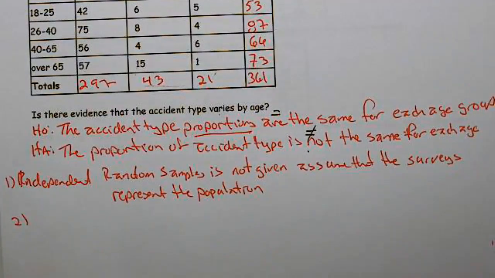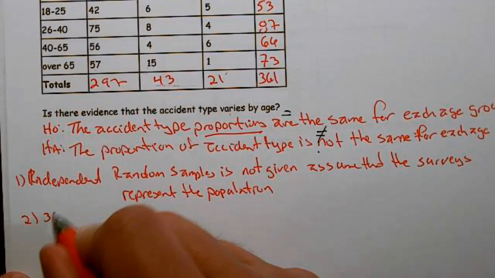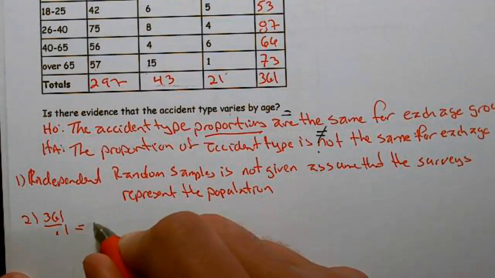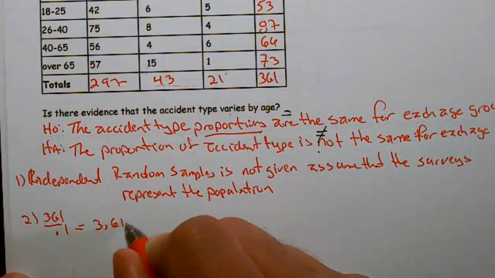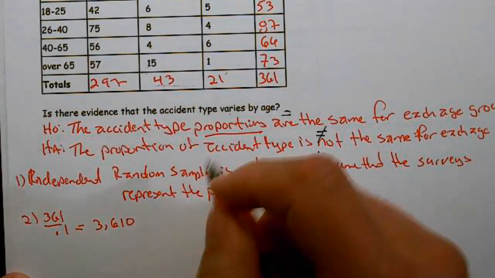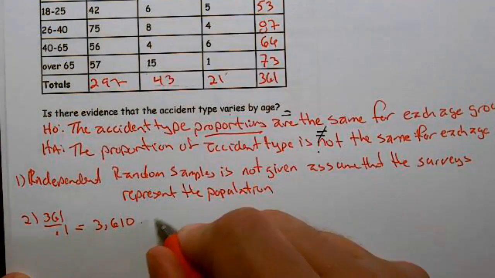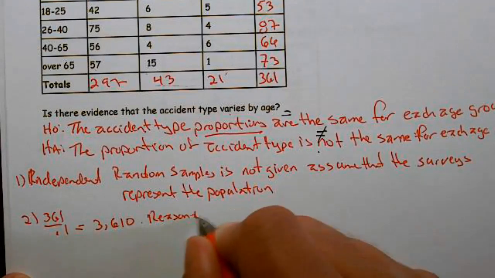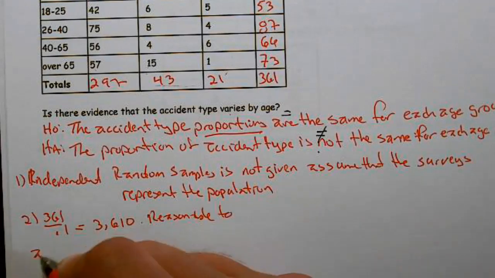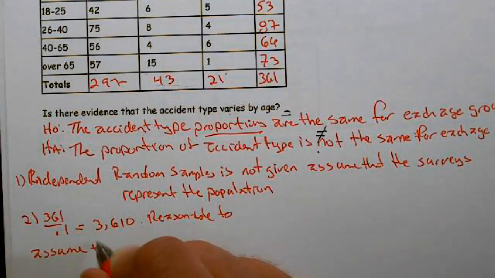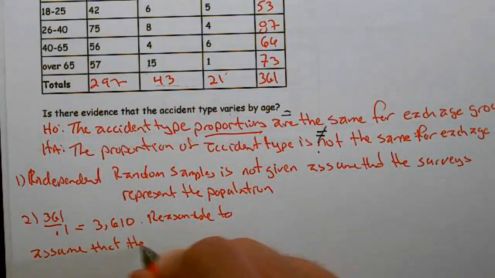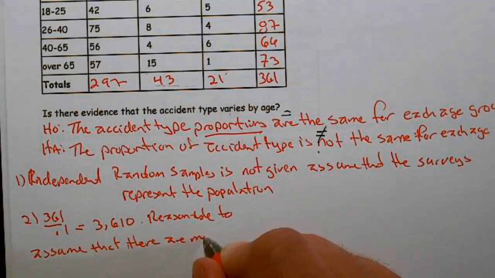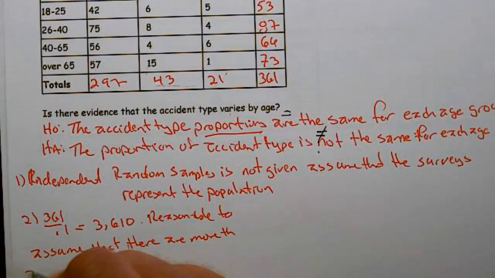That's good. All right, the next thing, we need n is less than 10%. So 361 divided by 0.10 equals 3,610. Reasonable to assume that there are more than 3,610 drivers.